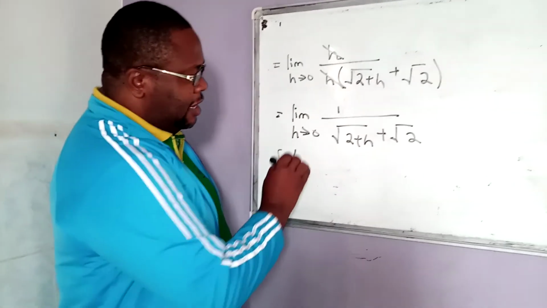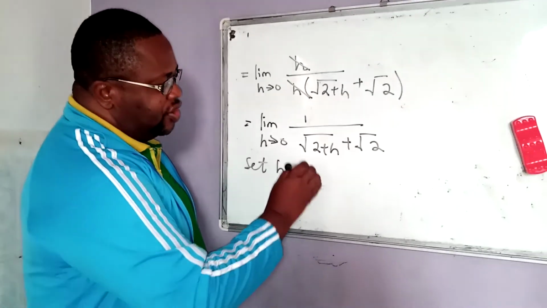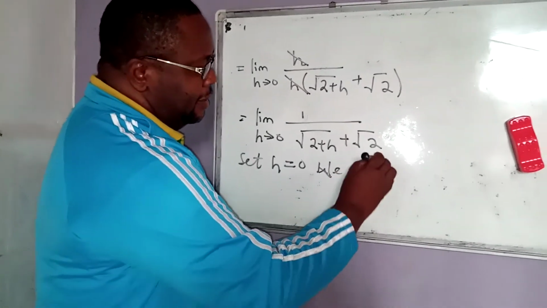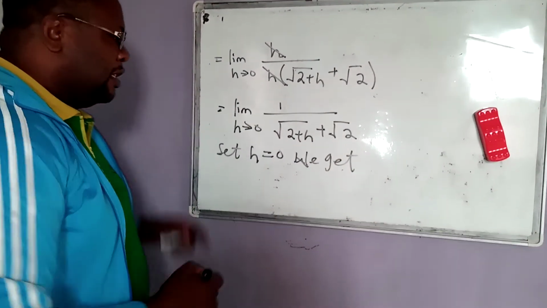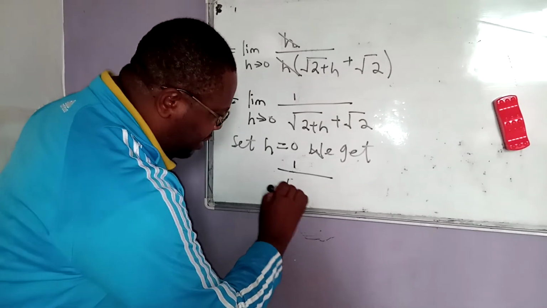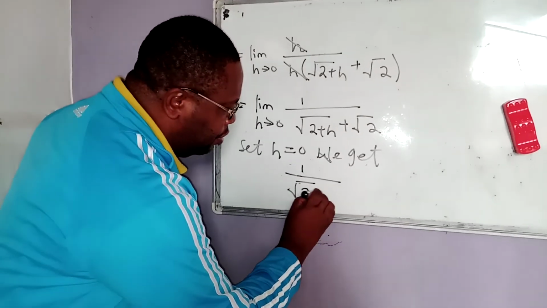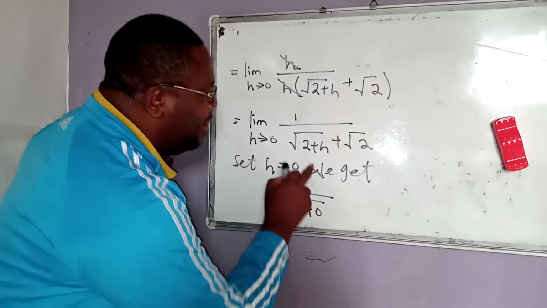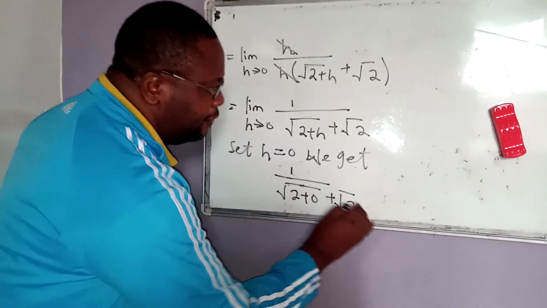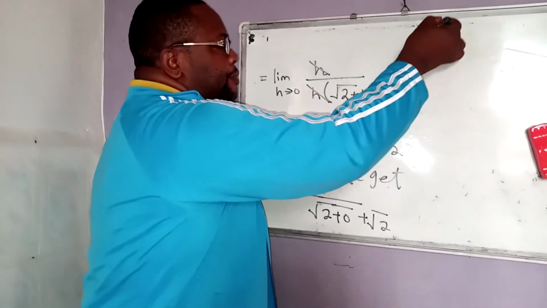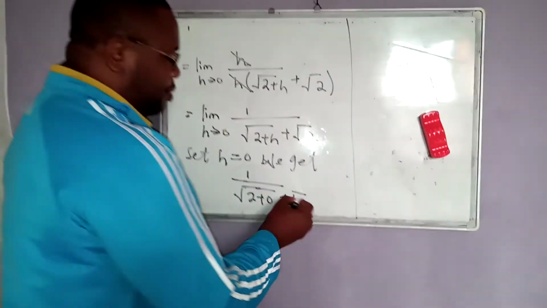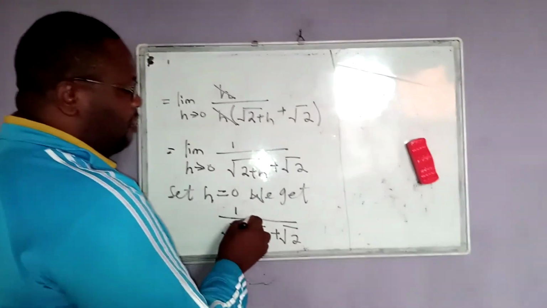If we set h equal to 0, what do we get? It simply becomes equal to 1 divided by square root of 2 plus 0. Remember that h is 0. Then we now have plus square root of 2. Beautiful. And 2 plus 0 is 2. This division has to cover everything.